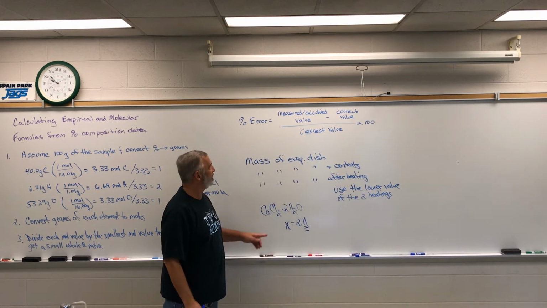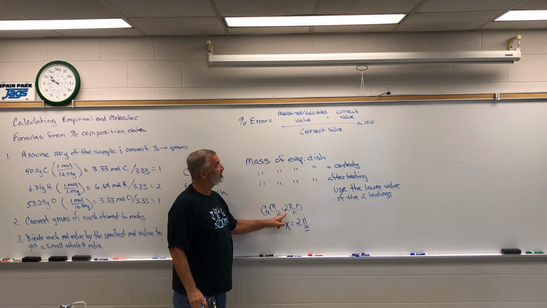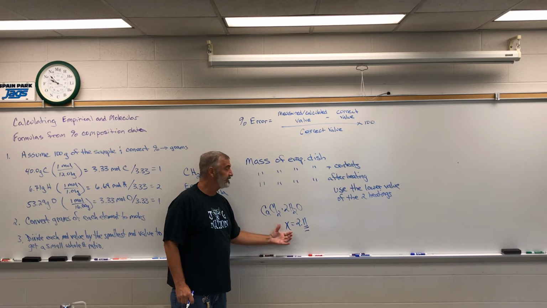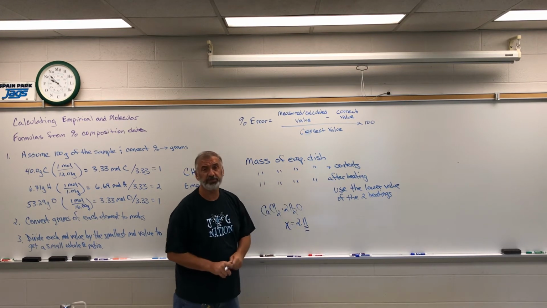So in this case, your measured value is 2.11 and your correct value is 2, so 0.11 divided by 2, times 100 to put it into percent, is going to be your percent error.